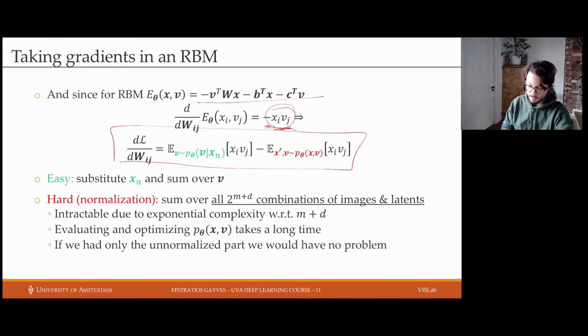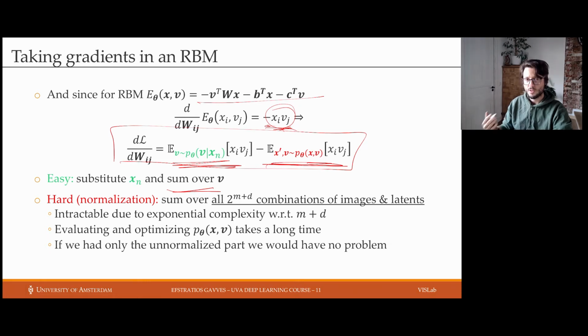The reason is that the first part is actually okay. We can simply substitute the data we already have from our training distribution. So basically we just sample an image and then we compute this term. To do that, we have to sum over our latent variables or sample from them, as we'll see afterward. However, the second term here is very hard to compute.